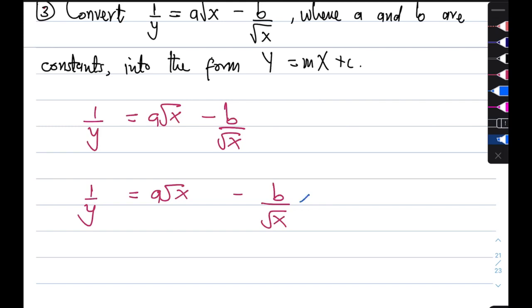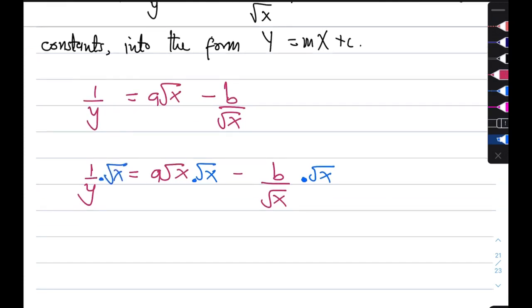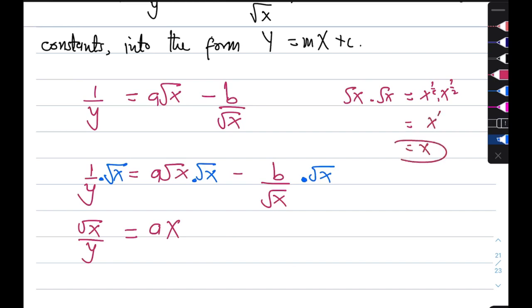Let me just use dots for my multiplication. When you do this, we get root x over y is equal to ax, since root x times root x is like x to the half times x to the half. You add the powers, so that's 1. That's how come we write this. Okay, all right, so let me clean that.